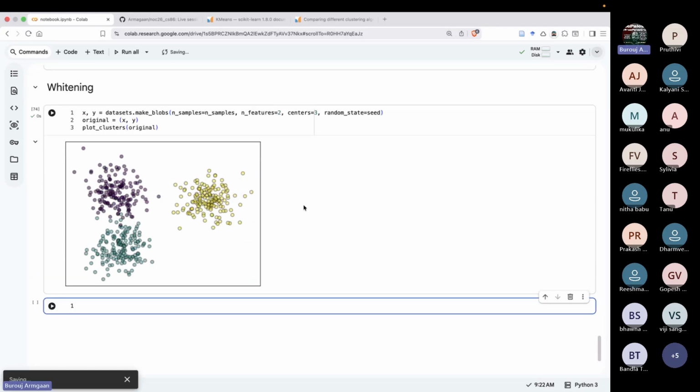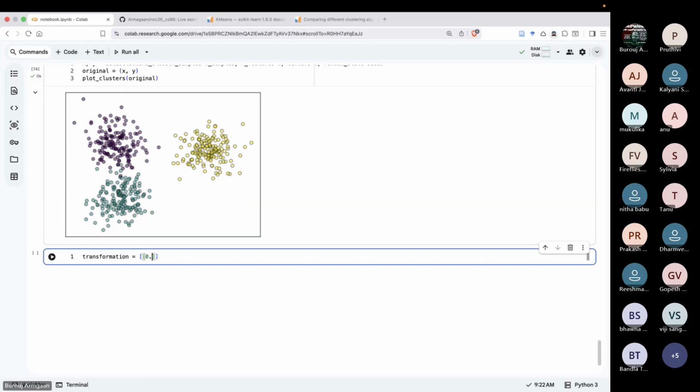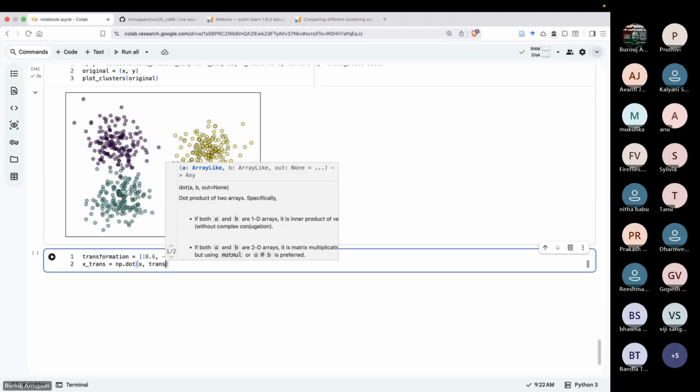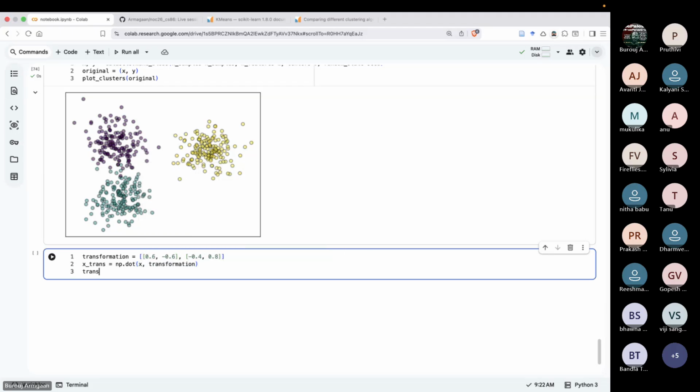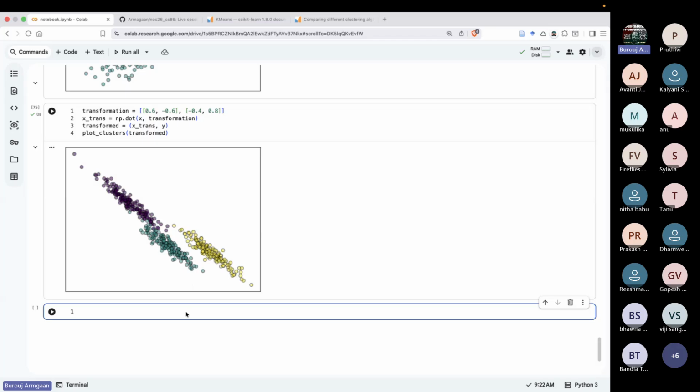Let's use three maybe. So let's say we have these three blobs, but rather than giving you this data, let's say I give you something else. So now we have this data set.